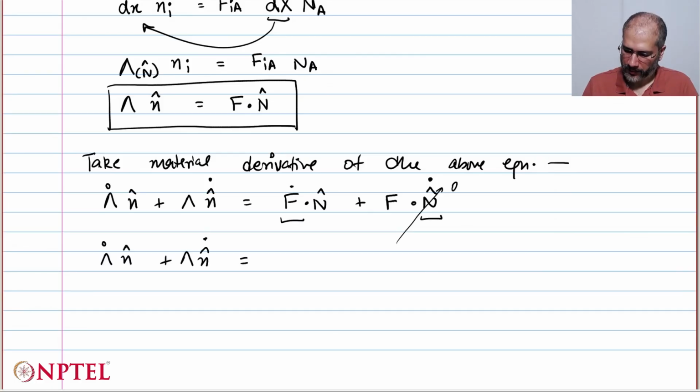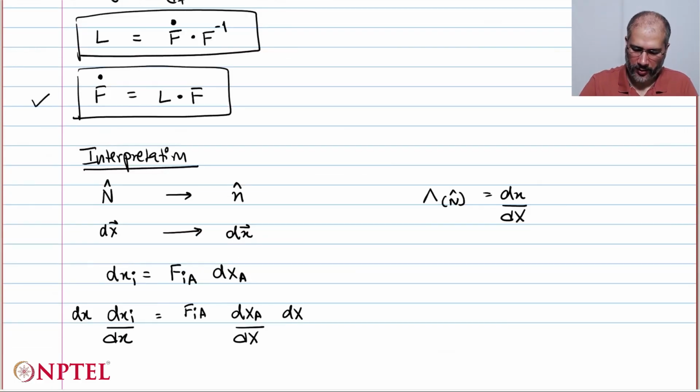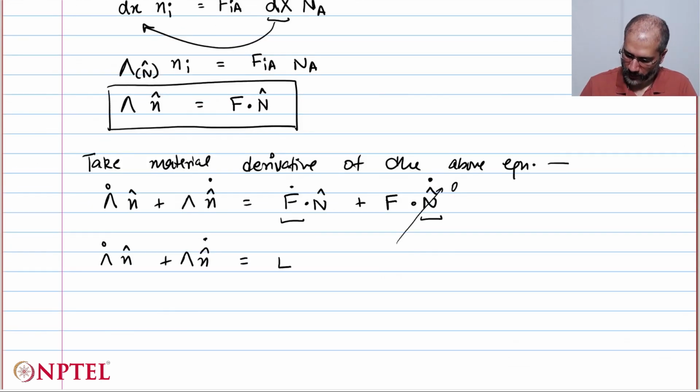Now this F dot was defined as L times F, so I can use that here. So this becomes L times F dotted with N hat, and this F times N we just defined as the stretch ratio lambda times small n hat.